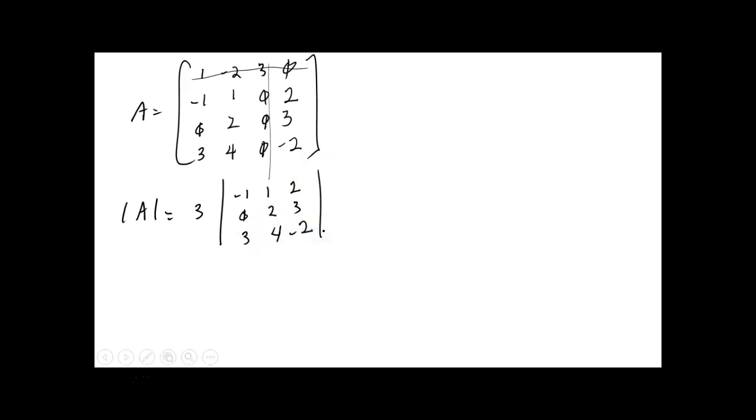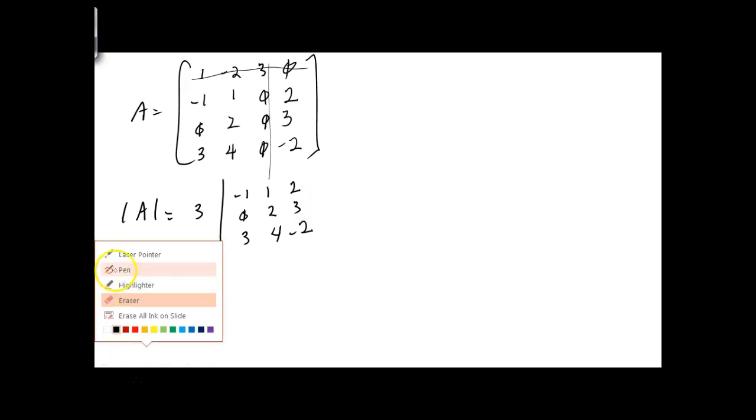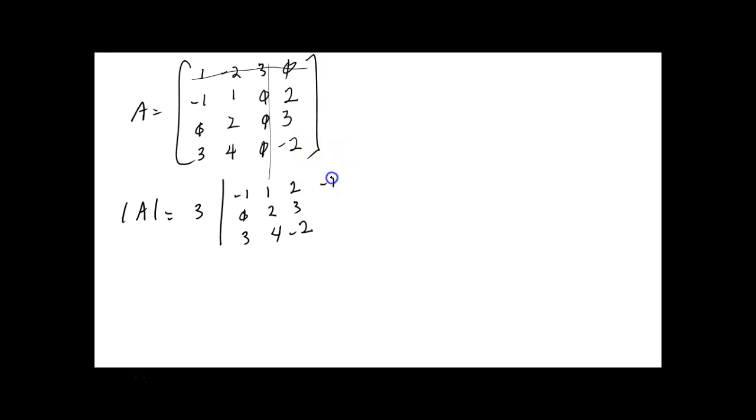Now, you could continue like we've just done, but since you got it down to a 3 by 3, this is my technique. I mean, it's not mine, I didn't come up with it, but it's the easy way in my mind to do a 3 by 3 matrix. Repeat the first 2 columns: minus 1, 1, 0, 2, and 3, 4.